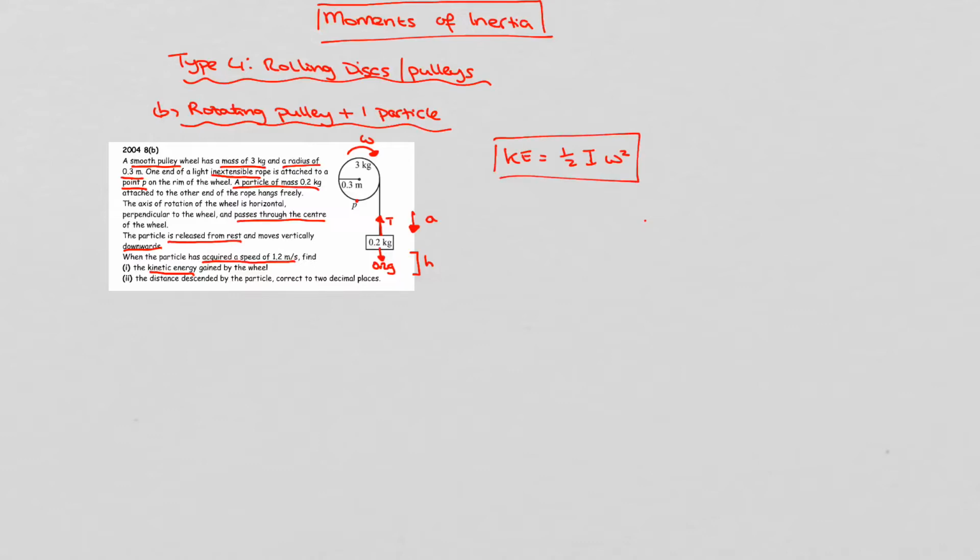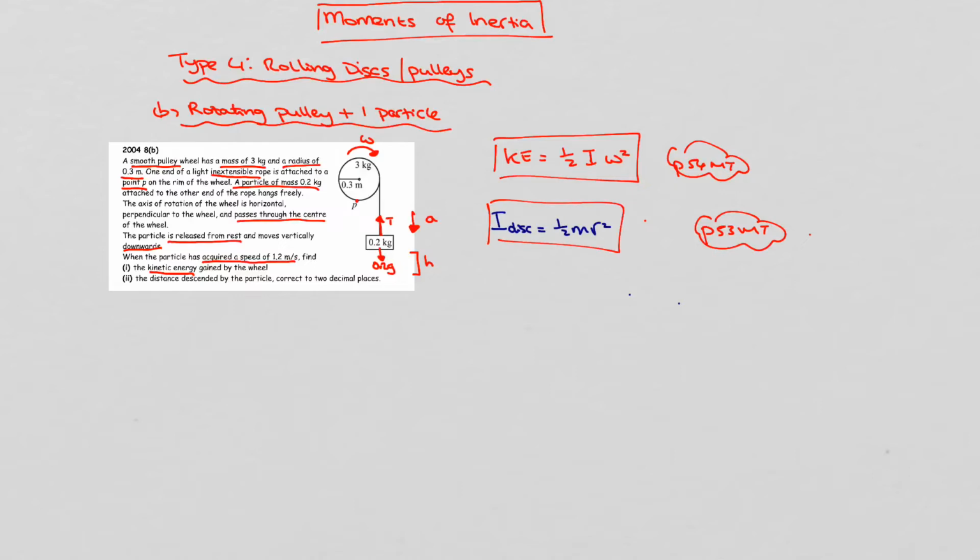So before we can work out the kinetic energy, we need our I, and we need to look at what is omega. For the disc, we know on page 53 of our tables, so this is page 54 of our maths tables, and page 53, then our disc is of course a half m r squared.